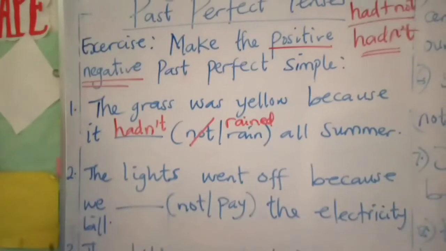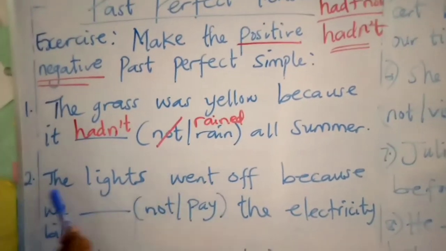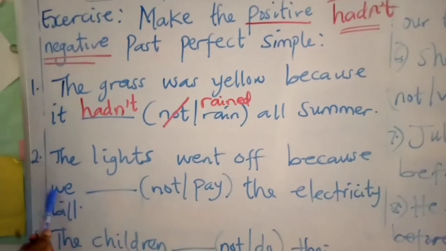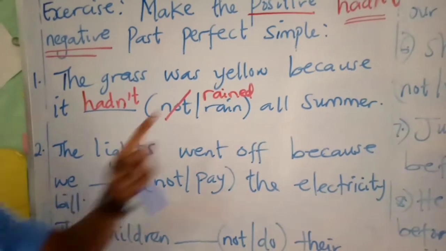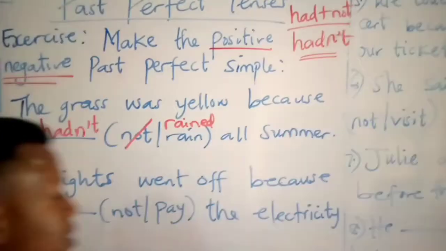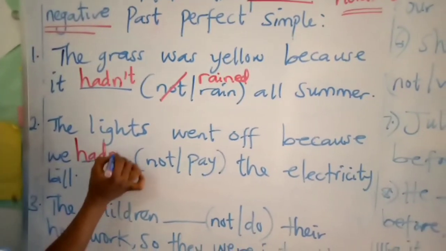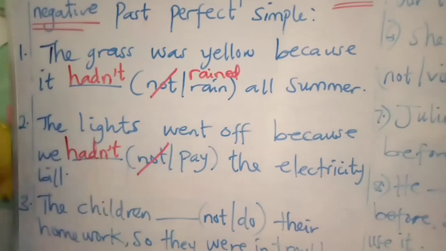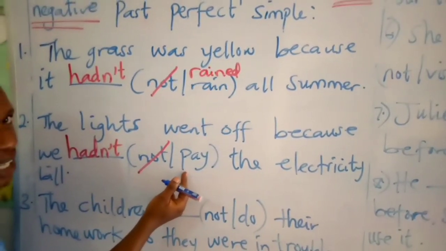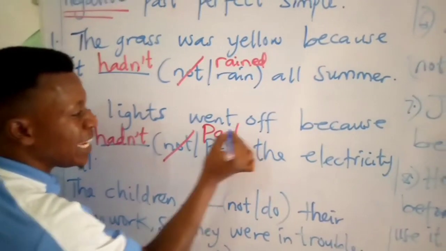Number 2, the lights went off because we had plus not, hadn't. What is the past tense of pay?